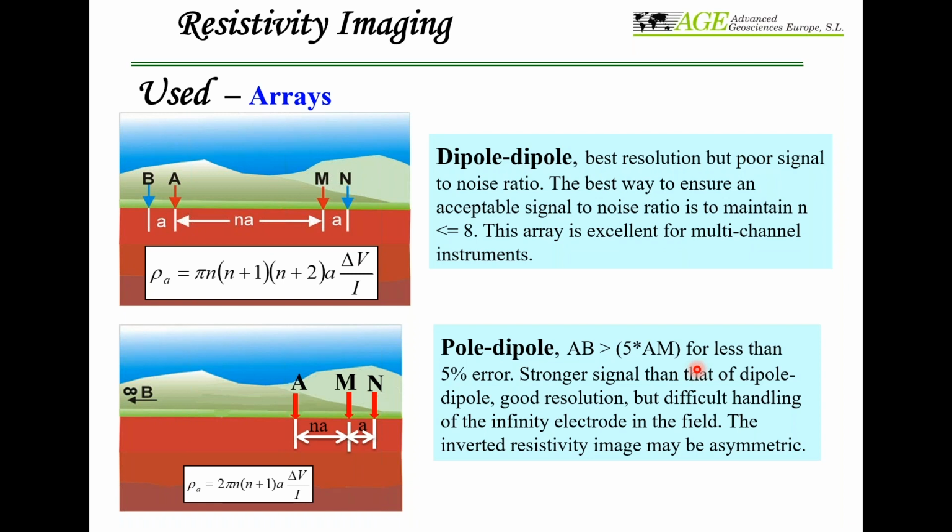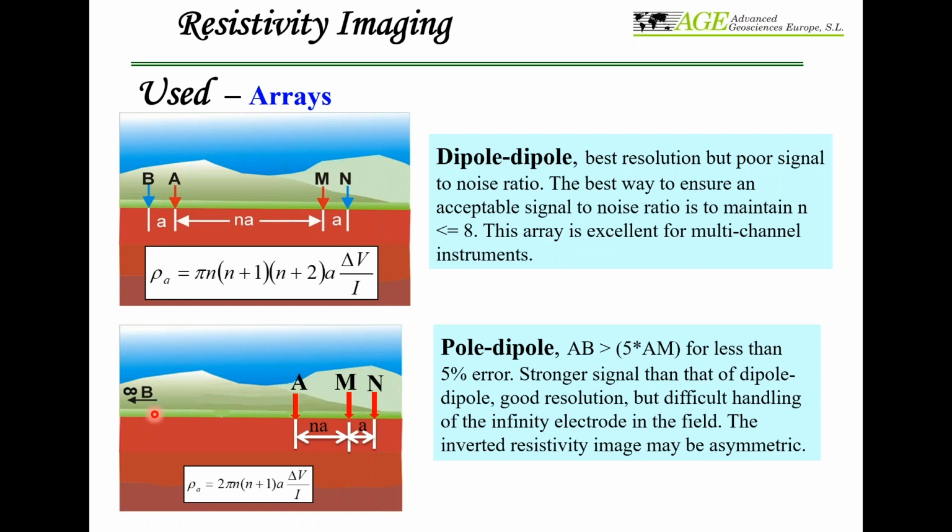But if you sometimes want deeper studies, you may also use pole-dipole. We can do a marine cable in dynamic mode measurement, with just one electrode further away at some distance.